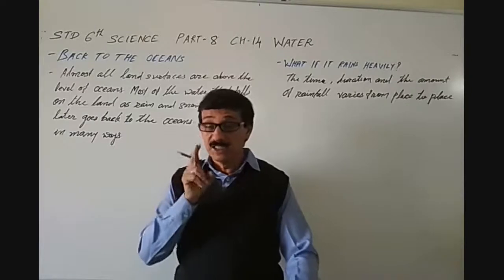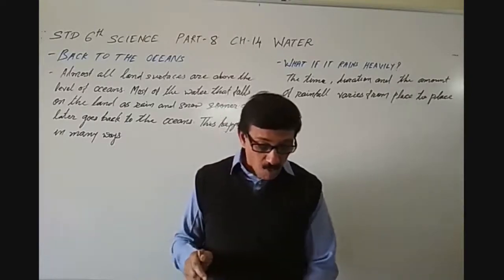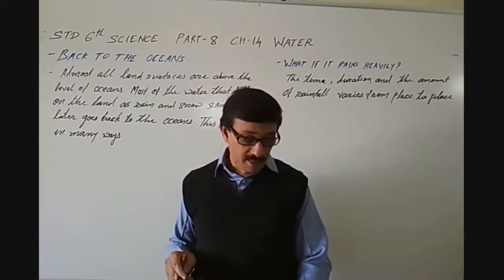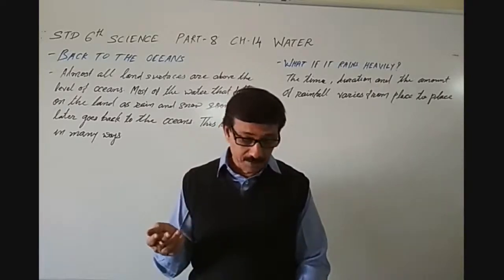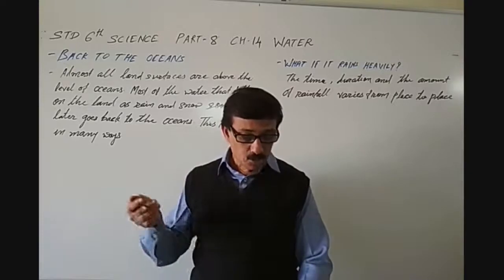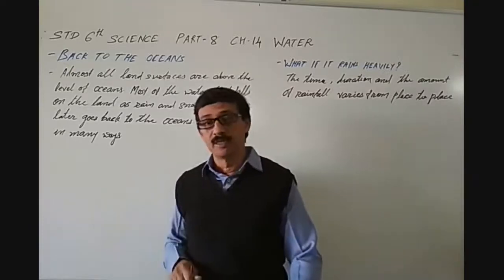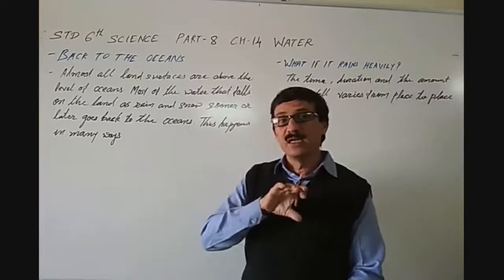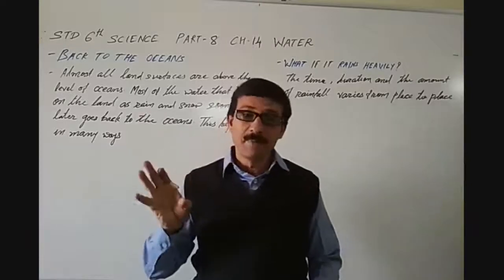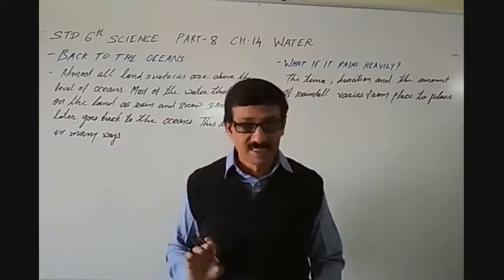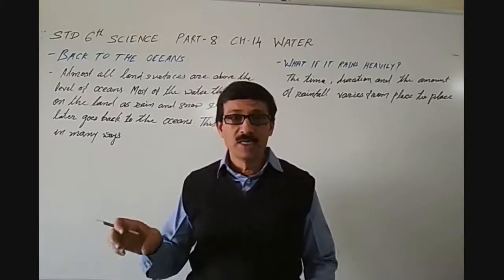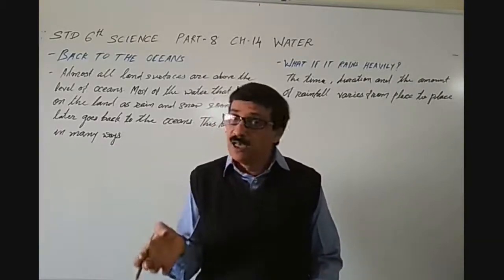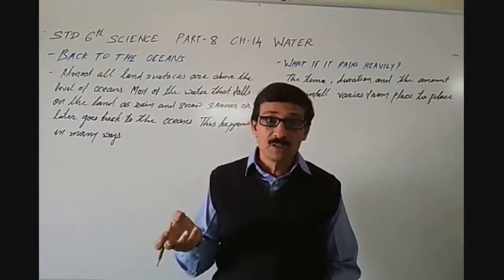Once again, this is very important. The more hand pumps or tube wells that are used in an area, the deeper we need to dig to find this groundwater. Why? Because if there are too many hand pumps and tube wells, all the groundwater at the upper surface will be used.